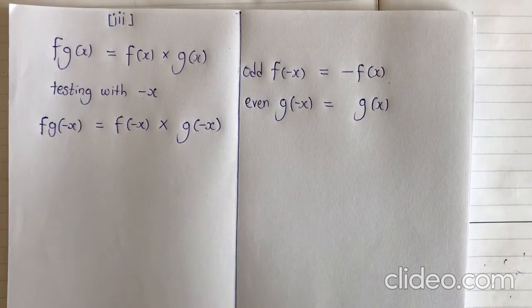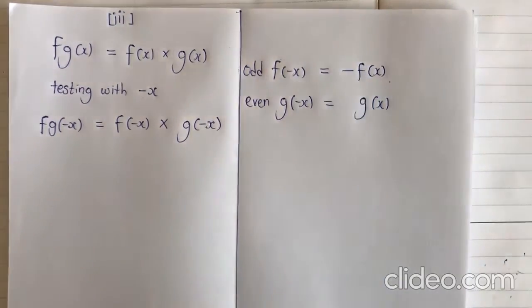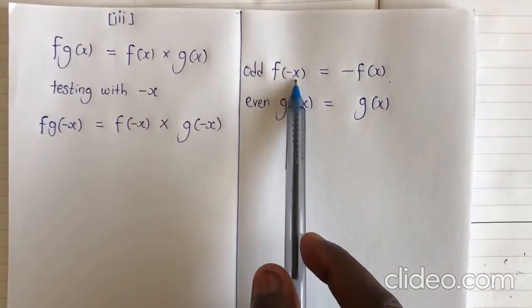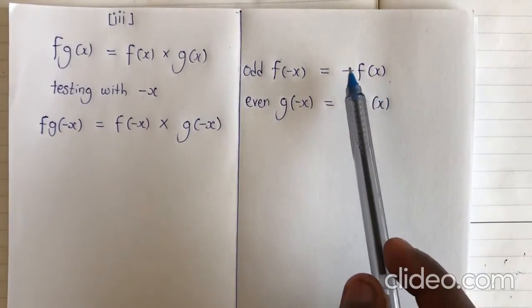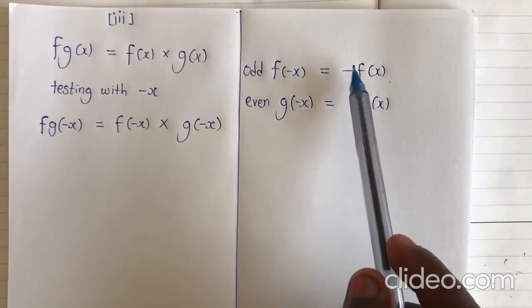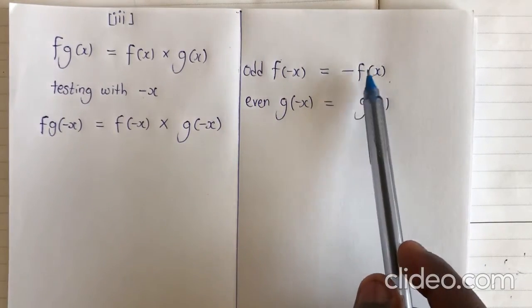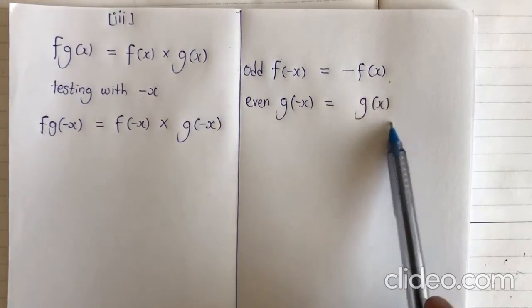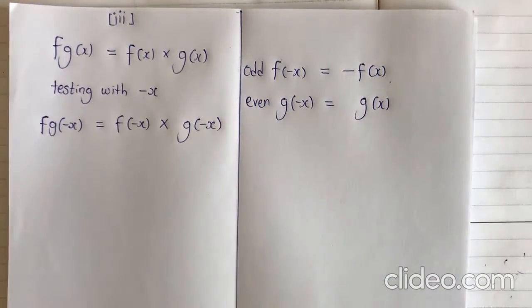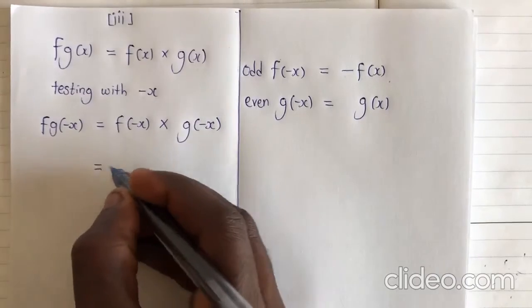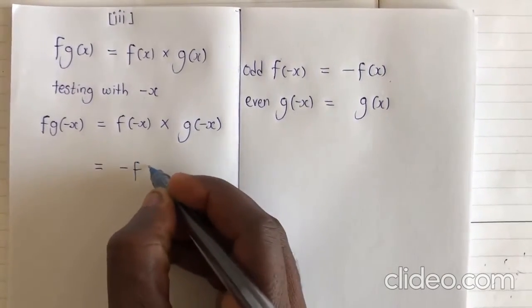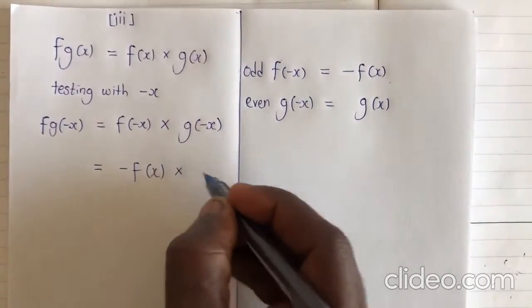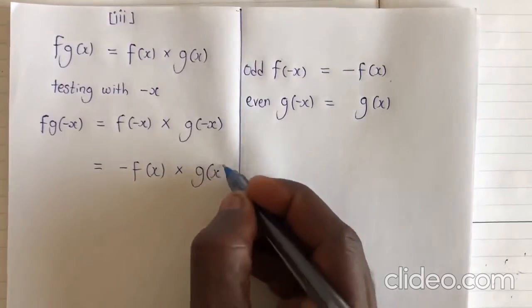So wherever we see f of negative x, we substitute what? Minus f of x. Wherever we see g of negative x, we substitute what? g of x, since g of x is what? Even. So this is giving us minus f of x times g of x.